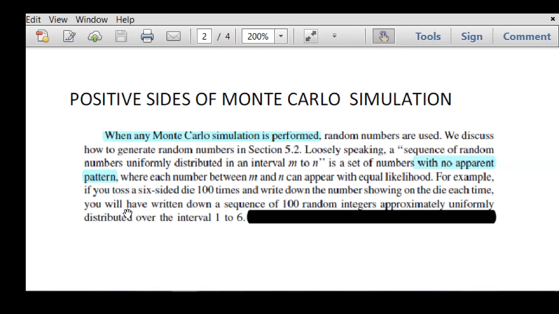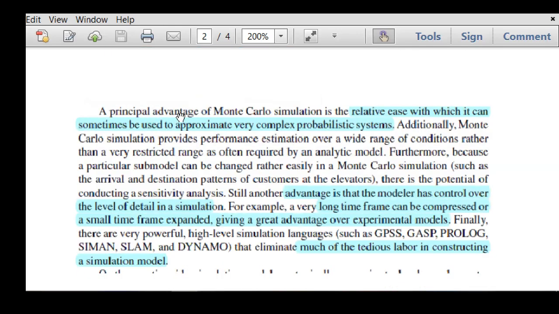When we do that topic, we will show how we use it. Now a principal advantage of Monte Carlo simulation is the relative ease with which it can sometimes be used to approximate very complex probabilistic systems. I already said real life situations can be easily tackled using Monte Carlo simulation. This advantage is a relative advantage.